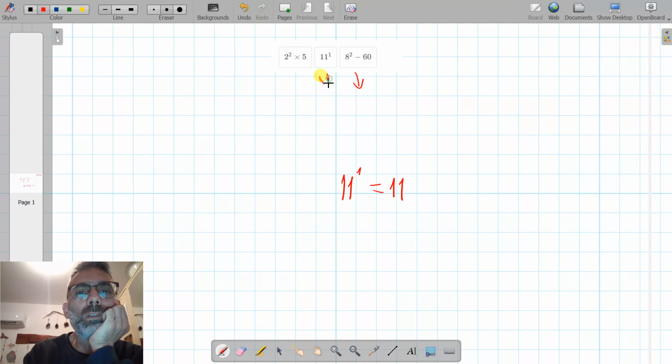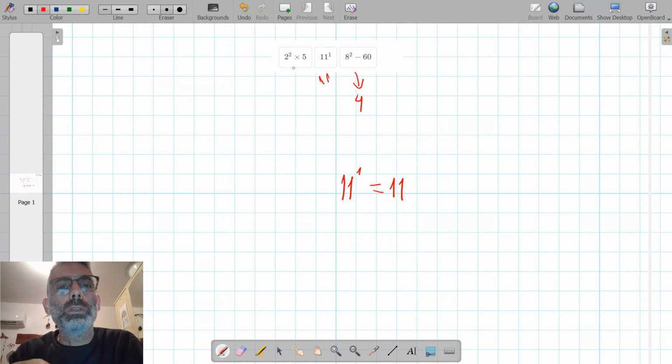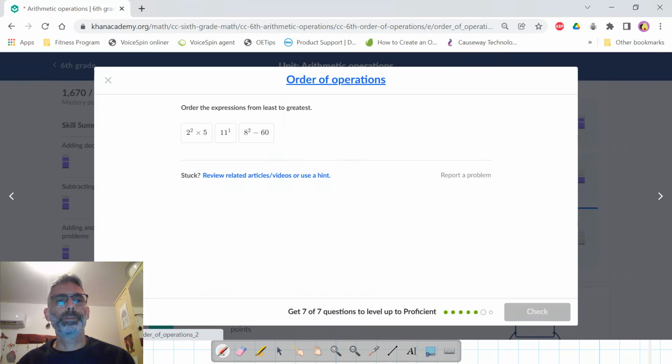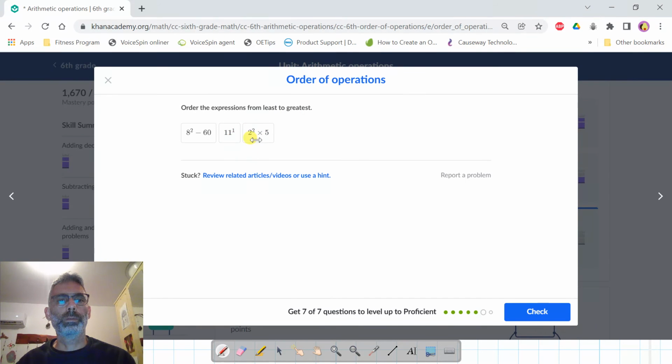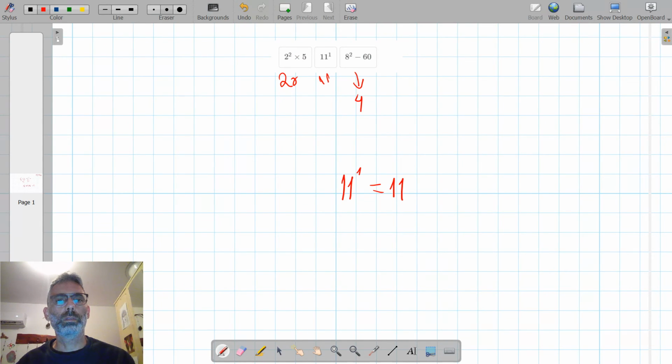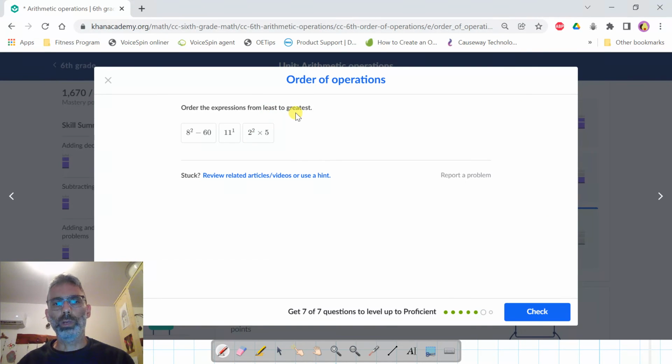So this is 11. This is 4 because 8 squared is 64 minus 60 is 4. And 2 squared is 4 times 5 is 20. So 4 is the smallest, then 11, then 20. From least to the greatest, 4, then 11, then 20.